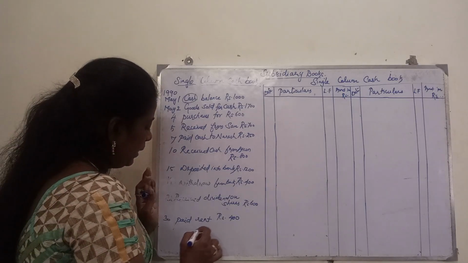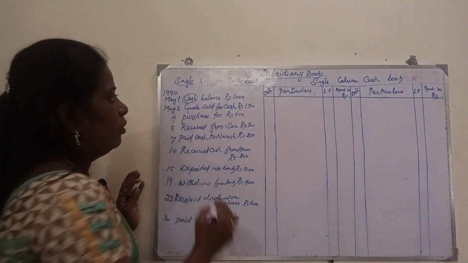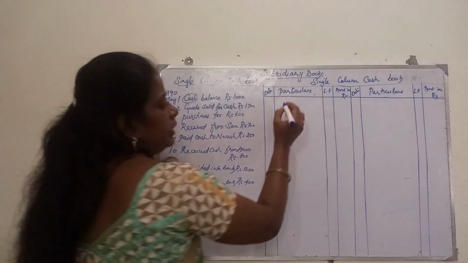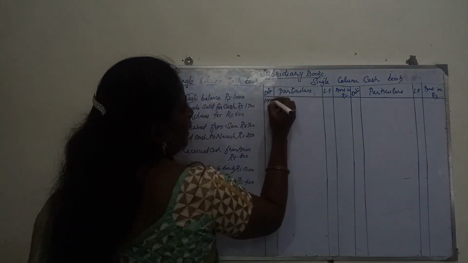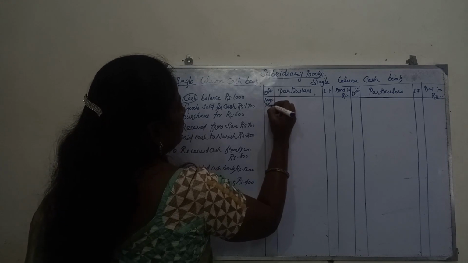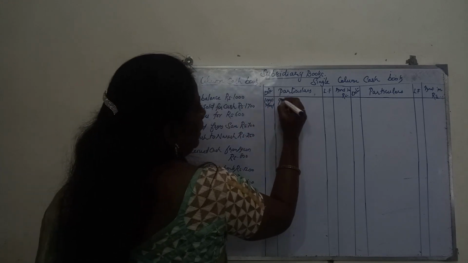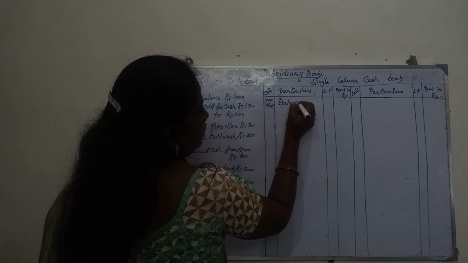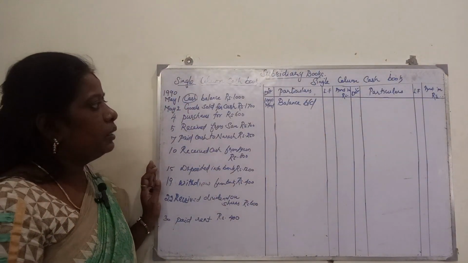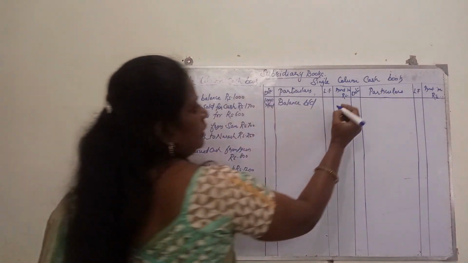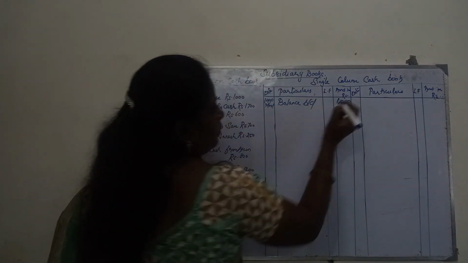So all debit balances are mentioned on the debit side of the single column cash book. First mention the date, 1990 May 1st, cash balance brought down. Balance is mentioned as brought down. The amount is 1000 rupees.